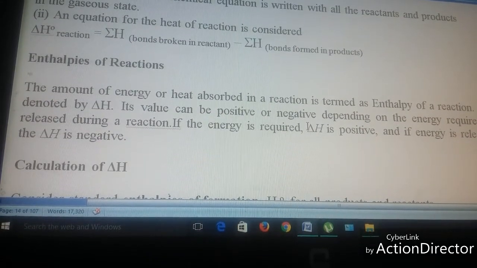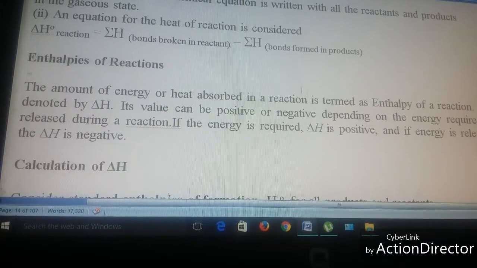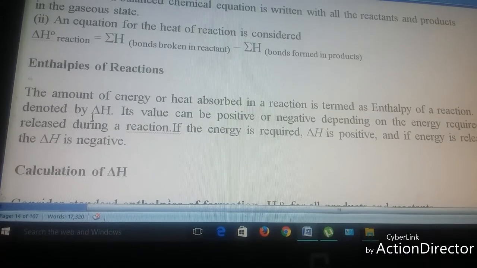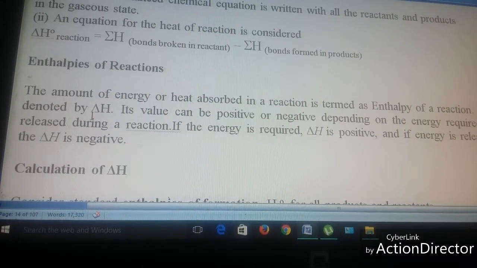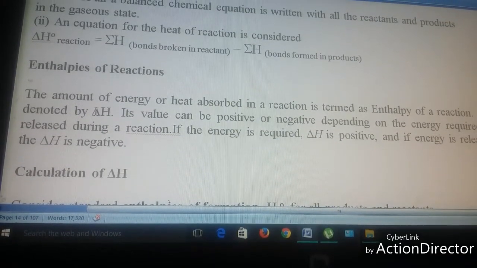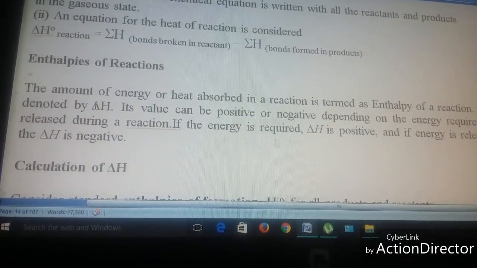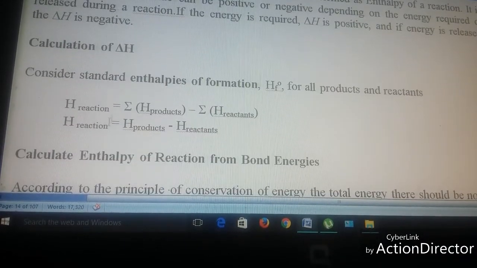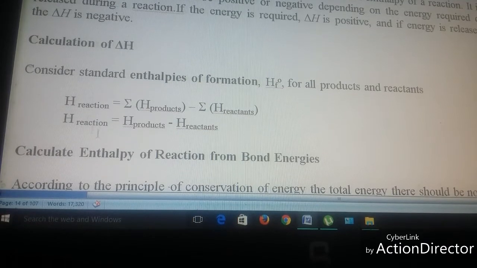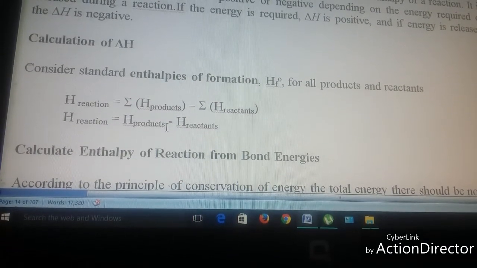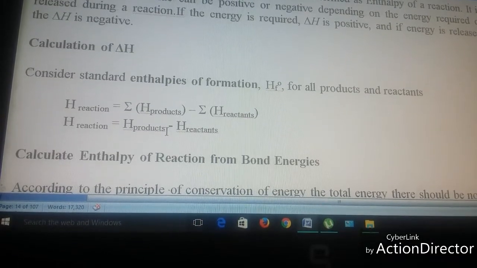Now when we calculate the enthalpy, it is generally denoted by delta H. It can be positive or negative depending on the energy required or released during a reaction. If energy is required, it will be positive. If energy is released, it will be negative. So this is how, using this equation, the enthalpy of formation can be calculated.